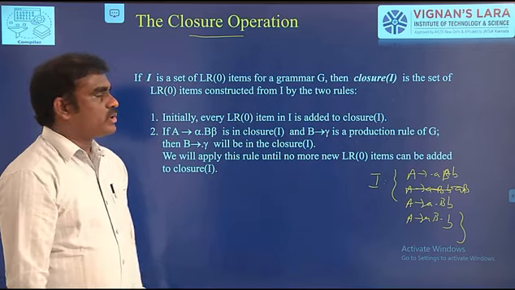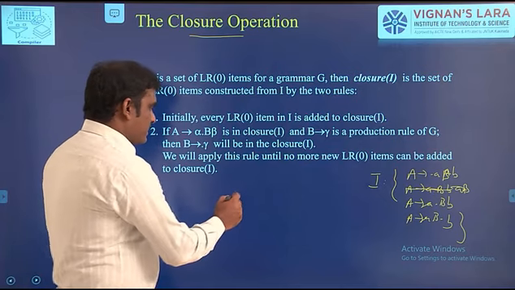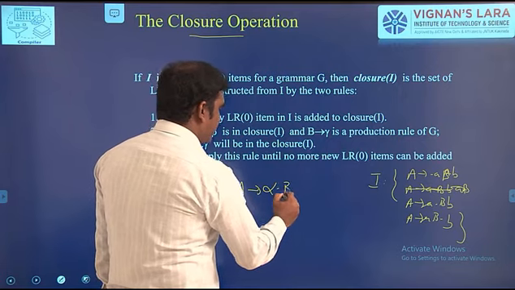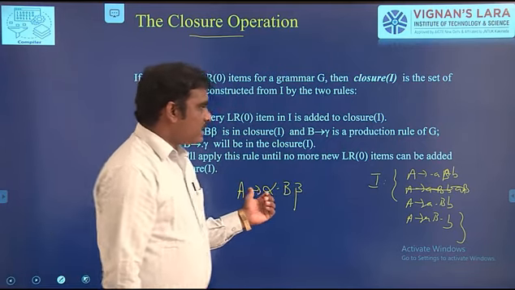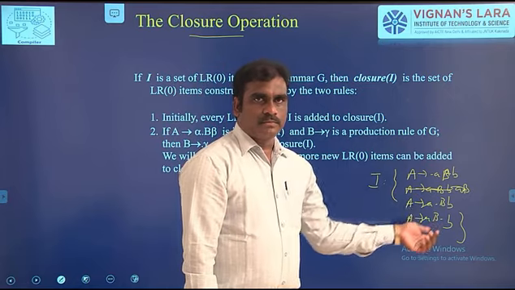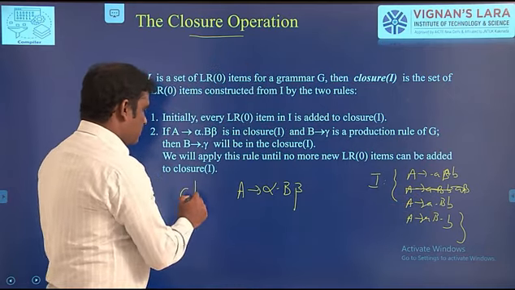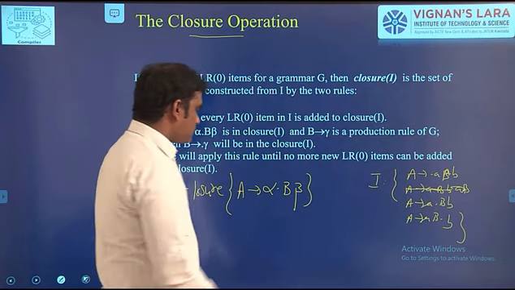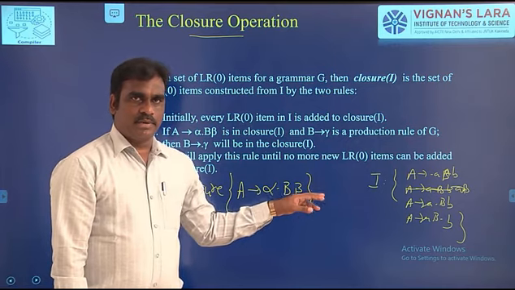So how to apply the closure set of I? Suppose the production is like this, A to alpha dot B beta, and it is one of these productions. So apply the closure set of A to alpha dot B beta.